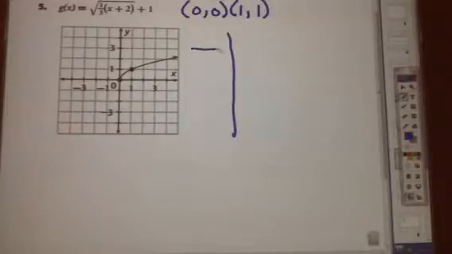Number 5. Okay, remember our reference points are 0, 0, and 1, 1. We're making a T-chart.